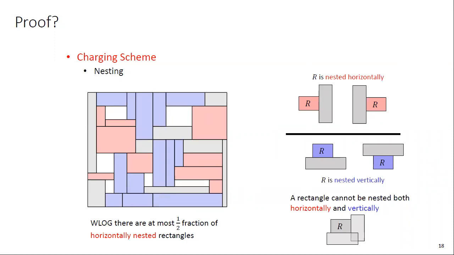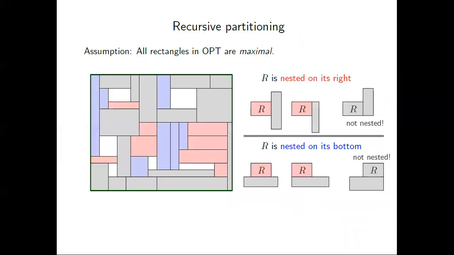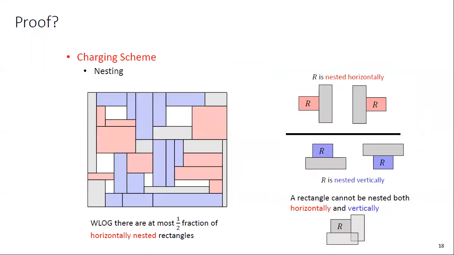He also defined this notion of nested. One improvement that allowed us to reach this 2+ε is a new definition of being nested. With this first definition of nested, we can reach 3, but not more than 3.